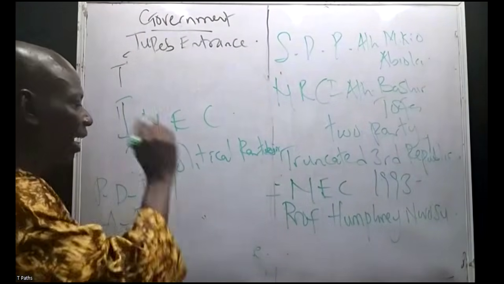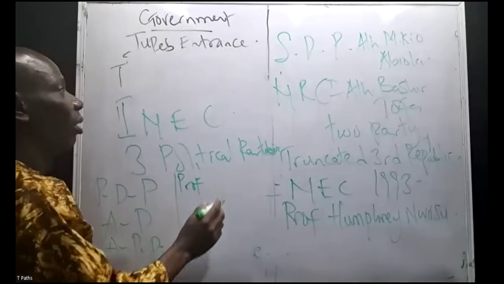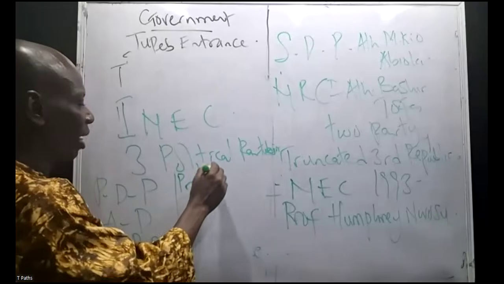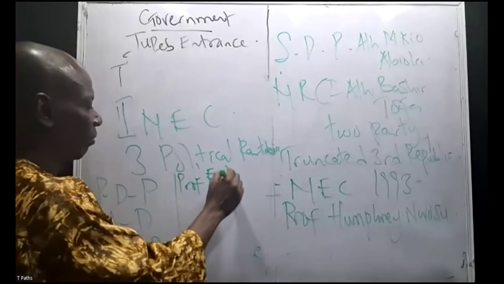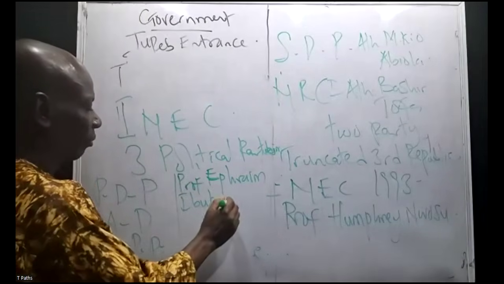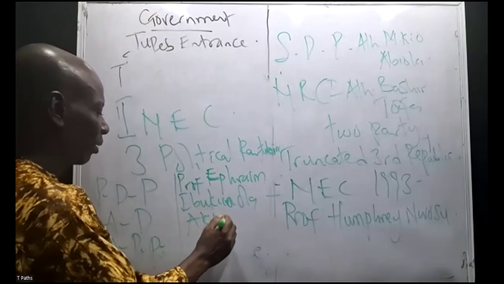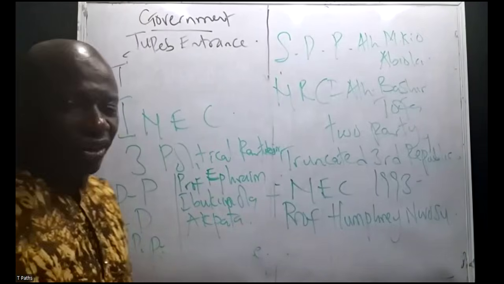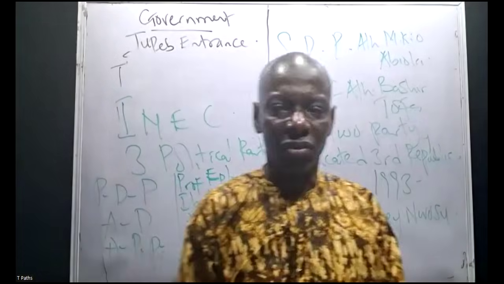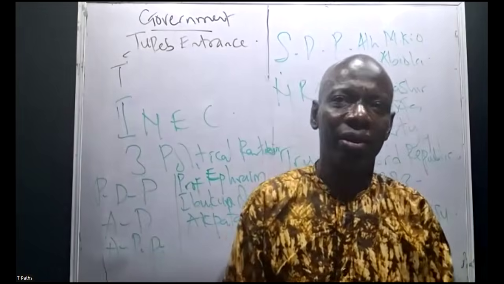The first chairman of INEC, the inaugural chairman, Professor Ephraim Ibukola Akpata, is the inaugural chairman of INEC, and is the first INEC chairman who died on the throne. Quite disheartening.